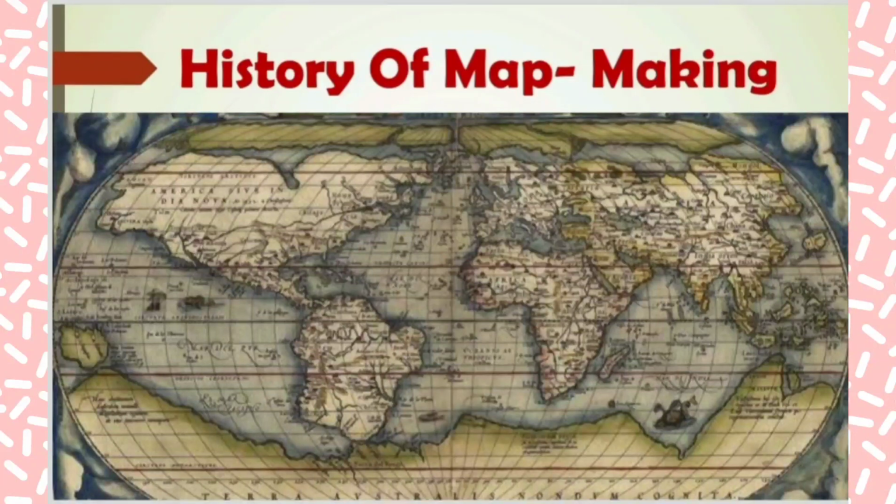Modern maps are either printed on a material such as paper or plastic, or they are stored in computers. Modern maps are more accurate than the old ones. Images from satellites and aeroplanes are used to make detailed maps with the help of computers.